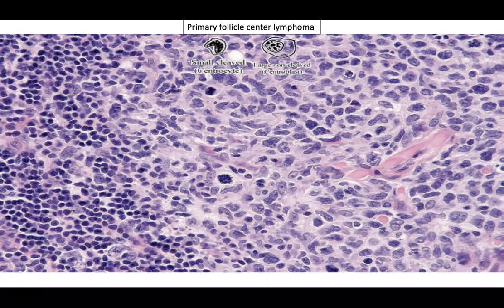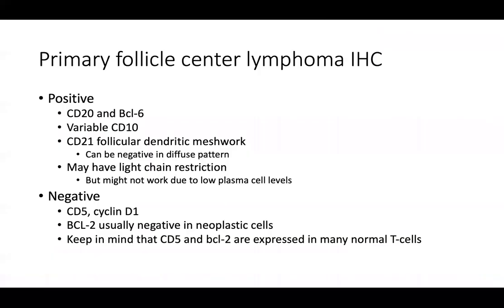centroblasts. So what about the immunohistochemical workup for primary follicle center lymphoma? You're going to look for CD20 positivity, of course, with B cells, but the key thing to remember is BCL6 positivity is going to be more helpful in looking at whether this is a primary follicle center lymphoma or not.